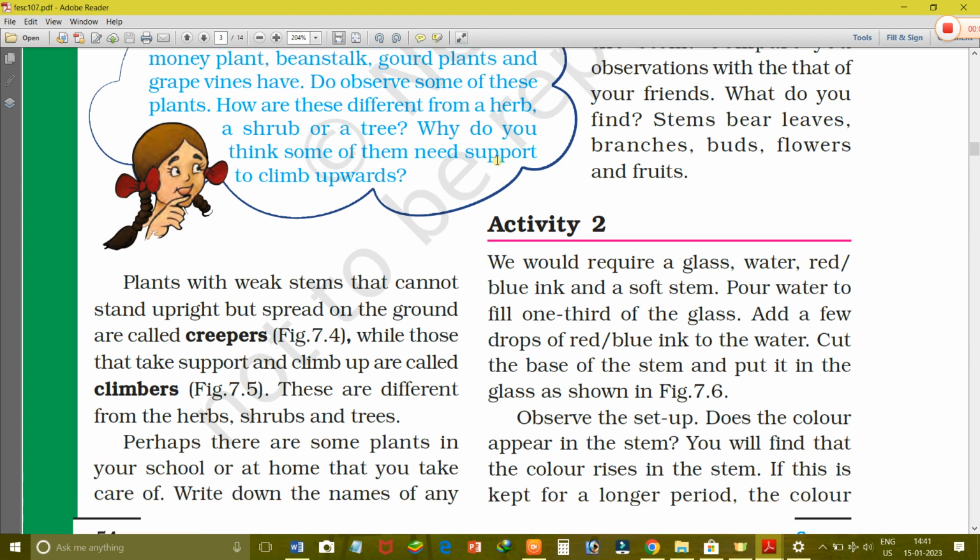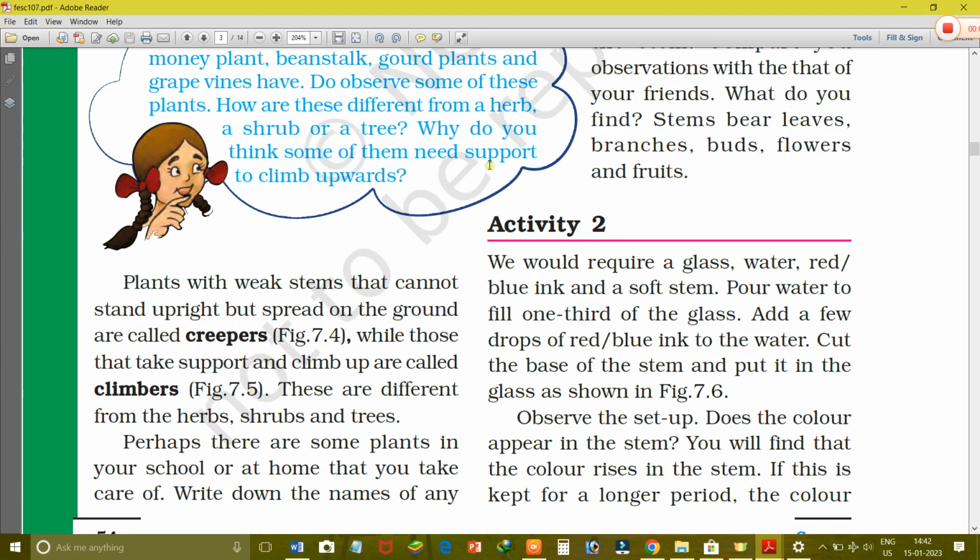Plants with weak stems that cannot stand upright but spread on the ground are called creepers, while those that take support and climb up are called climbers. These are different from herbs, shrubs, and trees.